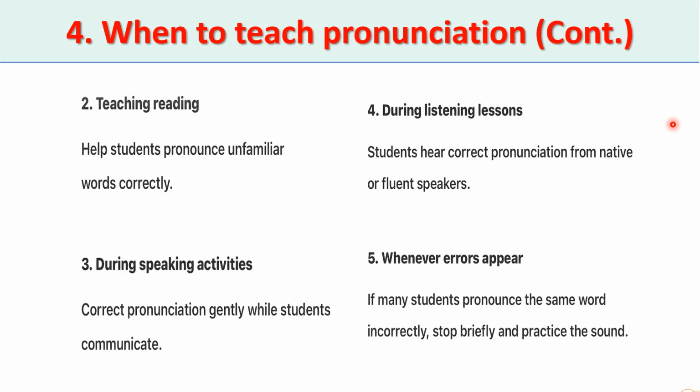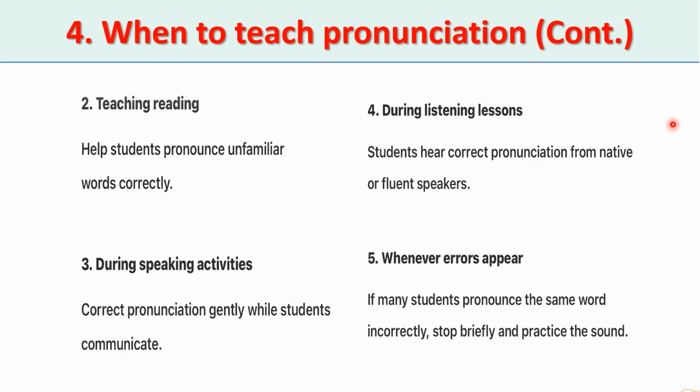And during the listening time, students hear correct pronunciation from native or fluent speakers. Of course, when we play audio one time, two times, some students cannot catch up well, so we can help them during the listening time. Whenever the error appears, if many students pronounce the same word incorrectly, stop briefly and practice the sound.